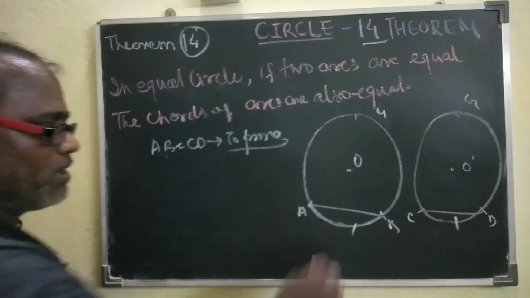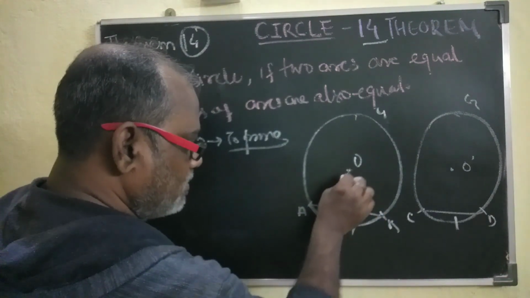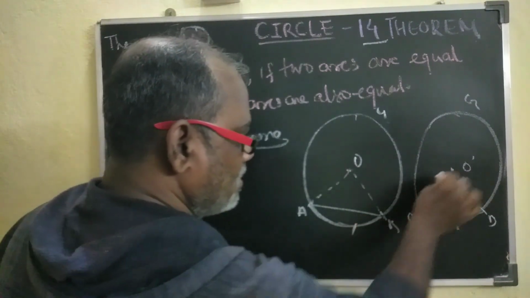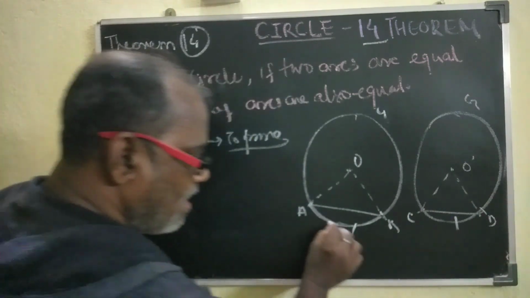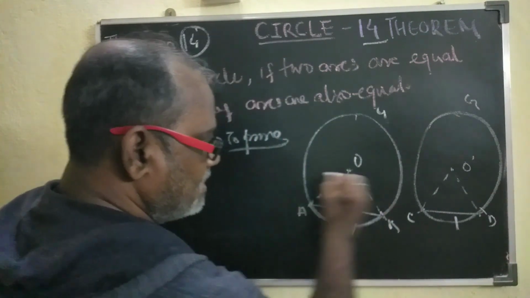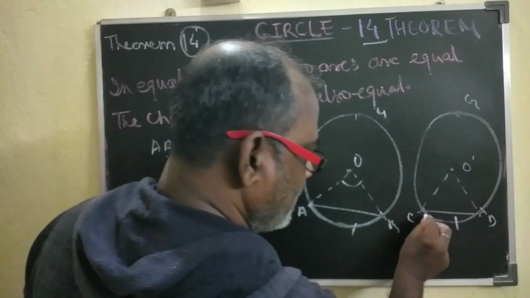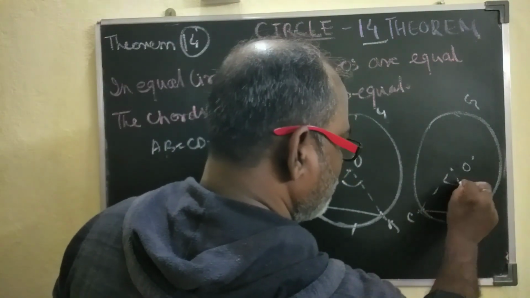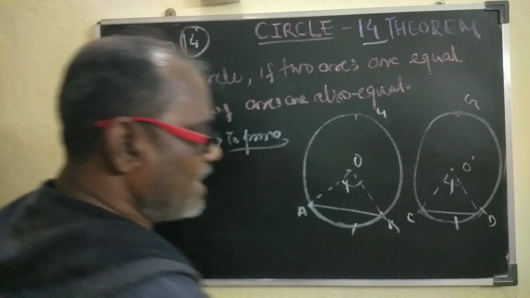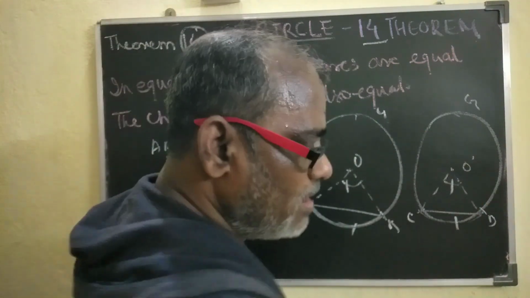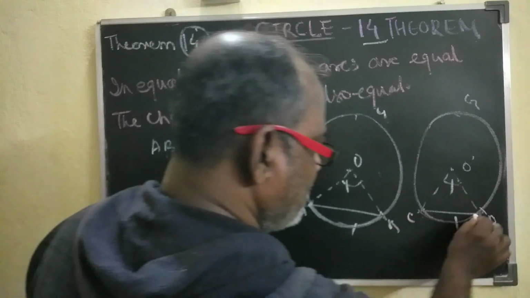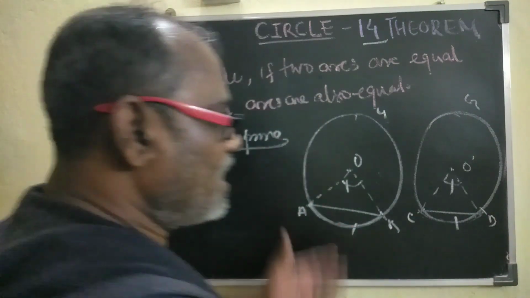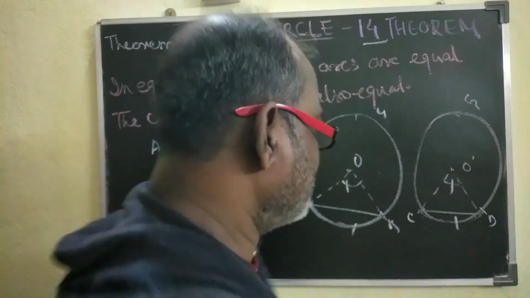So first, let us join this. Now the angle subtended by the arc AB, this angle, equals the angle subtended by the arc CD, this angle. The reason behind that is the two arcs are the same, so they will subtend equal angles at the center.